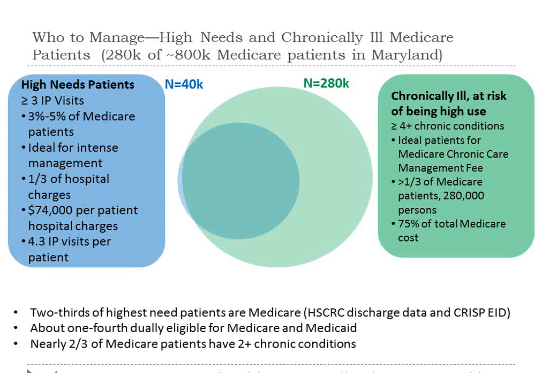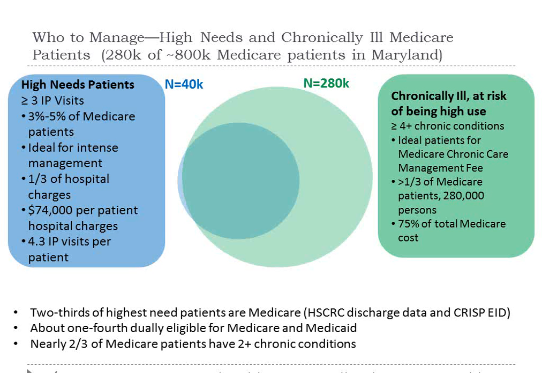If you start looking through the data, you'll see that there are approximately 40,000 patients statewide that we categorized as high-needs patients, based on patients who had 3 or more inpatient visits. When we look at the Medicare population, because we want to start out by focusing on the Medicare population, it's about 3 to 5% of the Medicare beneficiaries in the state. And we think these patients would be ideal for intense management approaches.